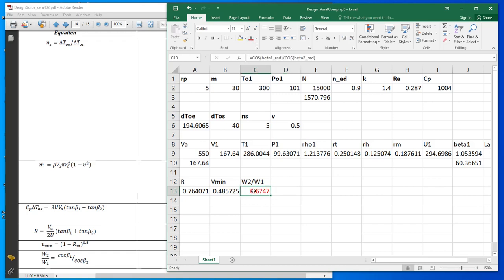So that value is incorrect. It needs to be between 0.7 and 1, and it is just slightly below 0.7, and you are going to adjust some values, maybe this parameter over here, and see if you can get this check to be correct.